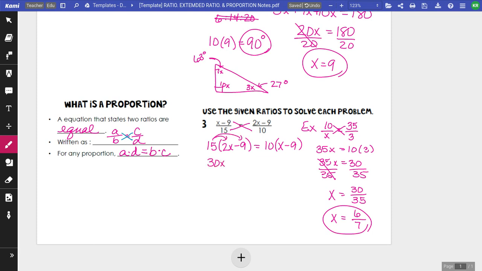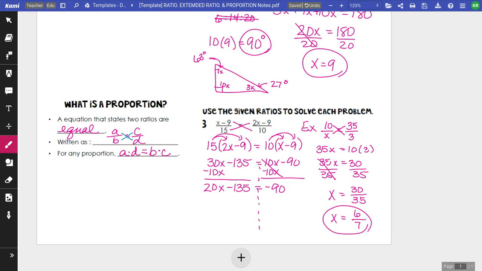So 30x minus 135 equals, distribute the 10 over here, 10x minus 90. Okay, so we need to get the x's on the same side. So I'm going to subtract 10x. Now, if you wanted to, you could move the 30x to the right. That would be fine. But I just decided to move the 10x.